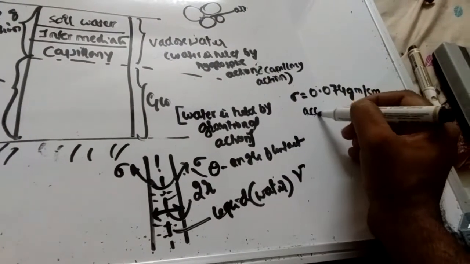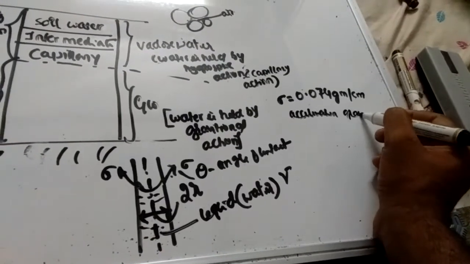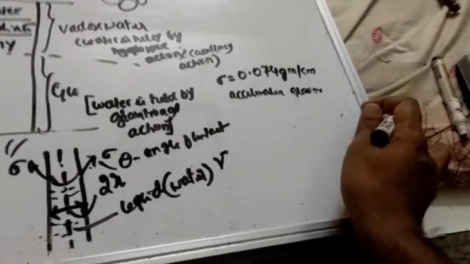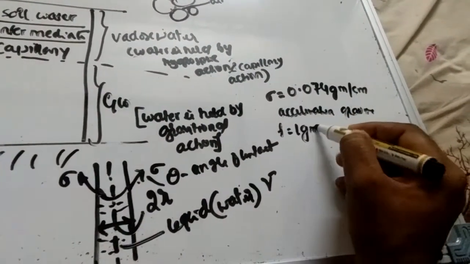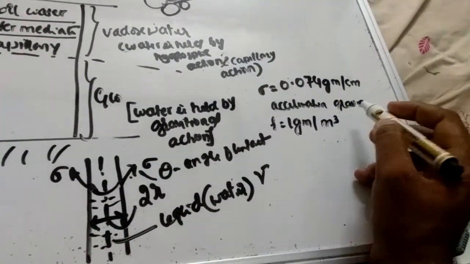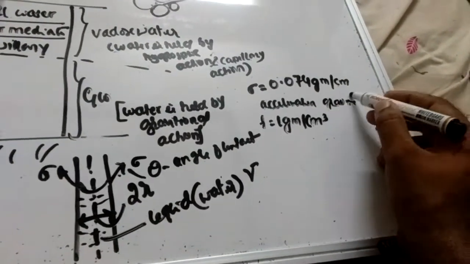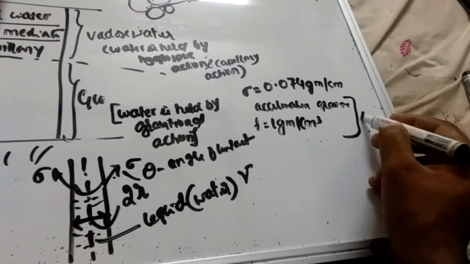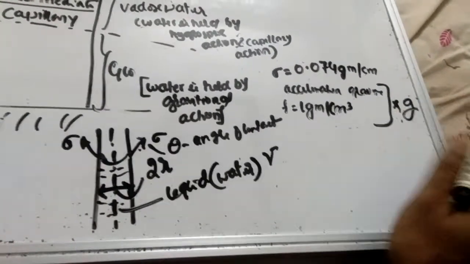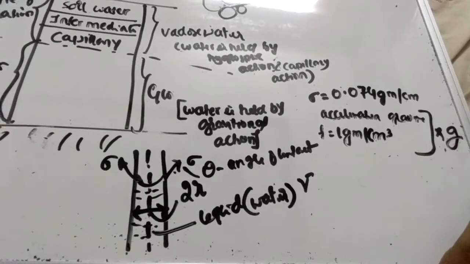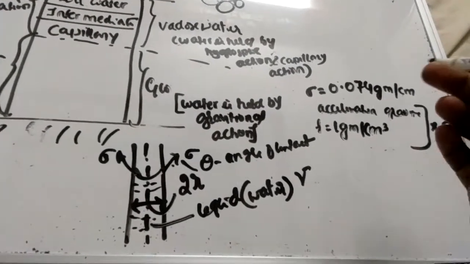Of course, it has to be multiplied by the acceleration due to gravity, 9.81 meter per second square. The specific weight of water is 1 gram per cubic centimeter, again multiplied by g.